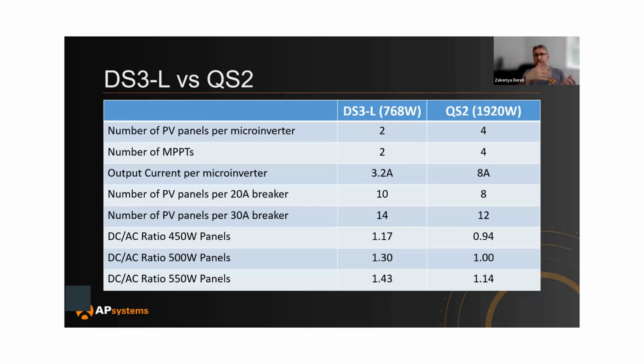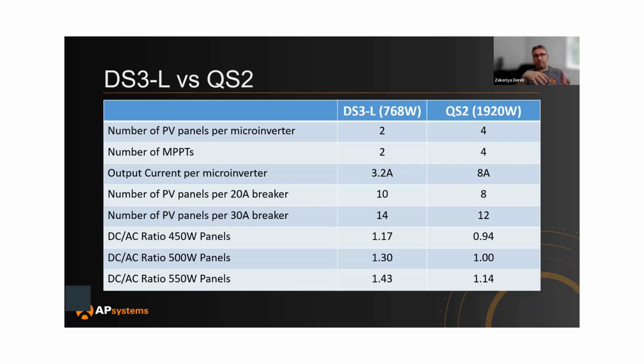So when would you pick a QS2 versus DS3L? Obviously, if you are new to microinverters and you just want to get your hands on these applications, maybe you want to start with the DS3L, just to get more experience and a feel for how everything is installed. But if you're after cost optimization, trying to reduce the balance of system cost and the number of devices you need, like having only two micros instead of four, that reduces the number of devices you have to install and reduces your BOM.